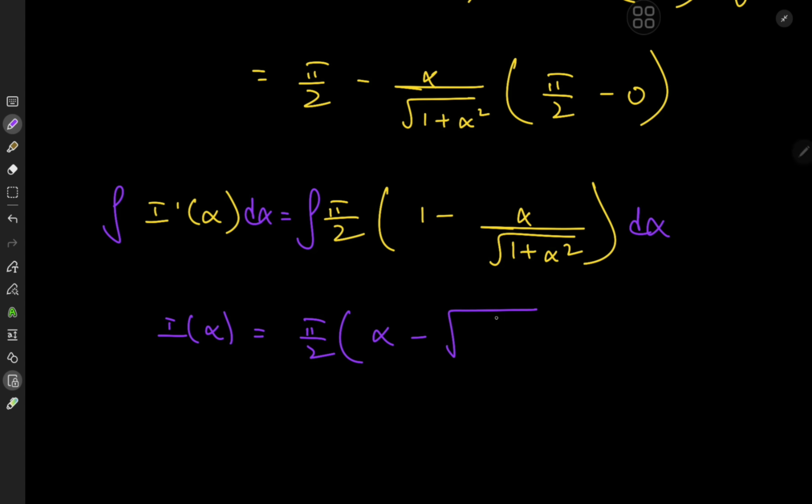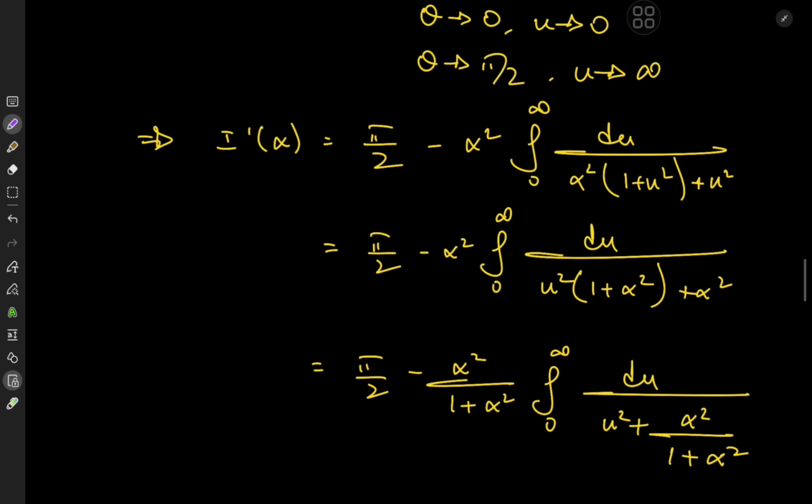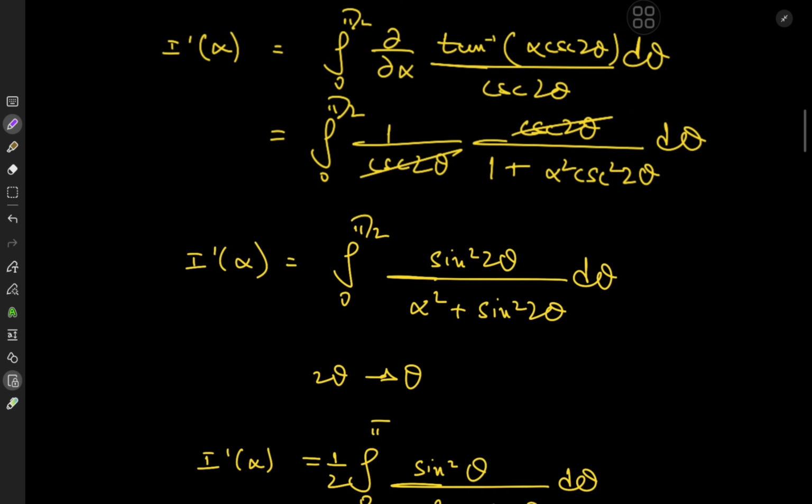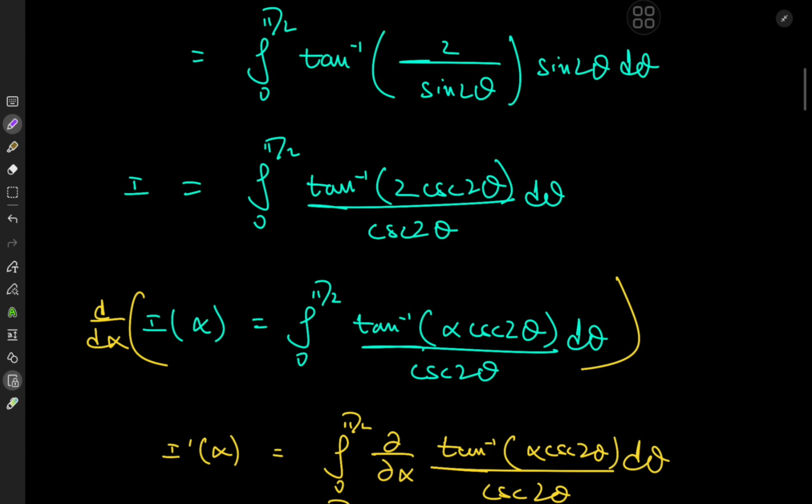Yeah, we should be left with root 1 plus alpha squared plus a constant of integration c, which is pretty straightforward to determine if we go back to the way we defined the integral function. Where is it? Oh yeah, over here.